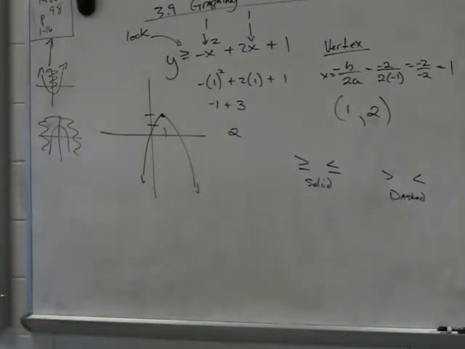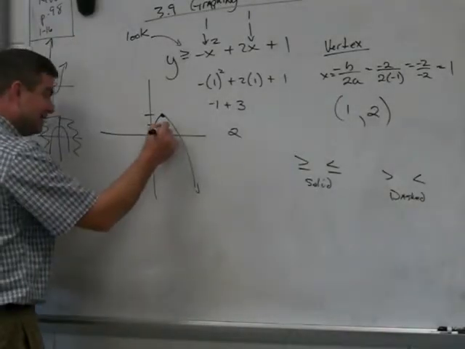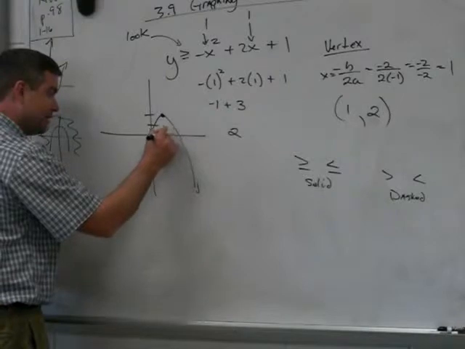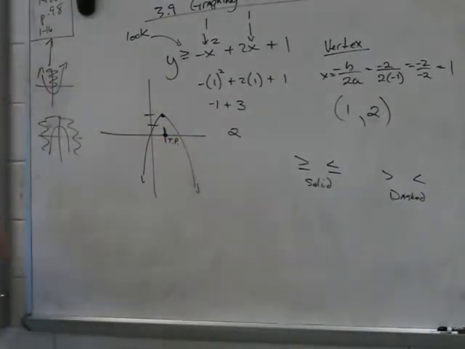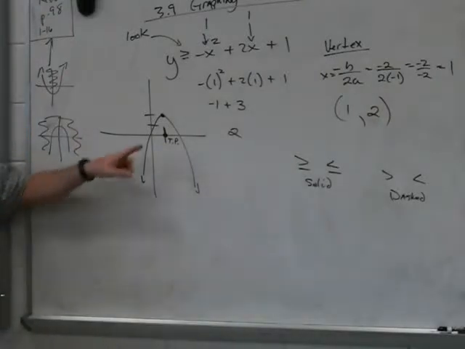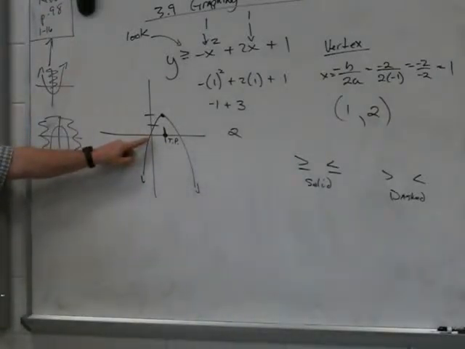How do we know what area to shade? Anybody have an idea? It's greater than. No. That works some, but I like a different method. Very good. We take a test point. And in this case, I want to use this point right here. I would say 90% of the time, what test point do we pick? 0, 0.